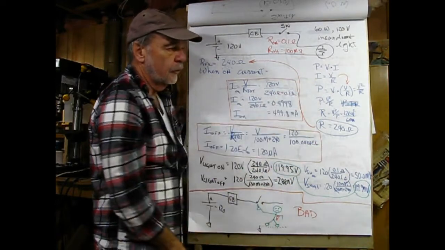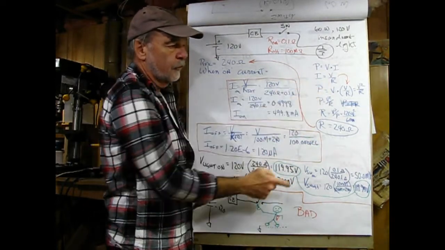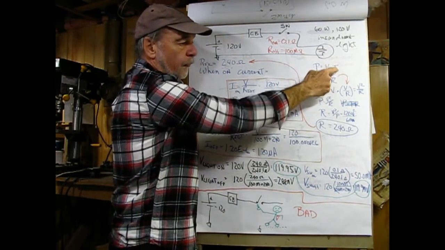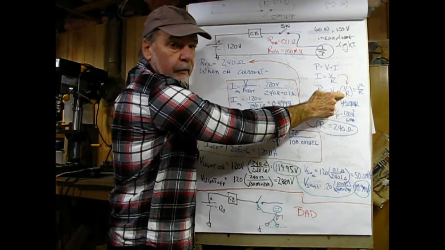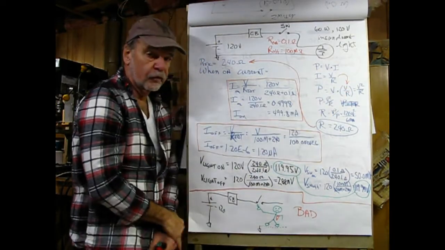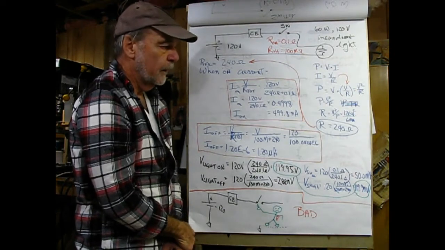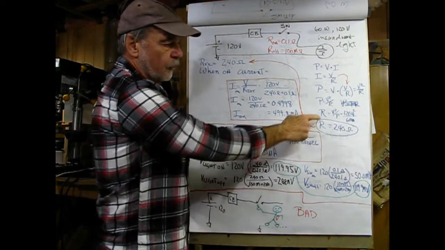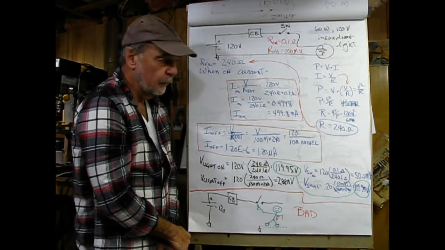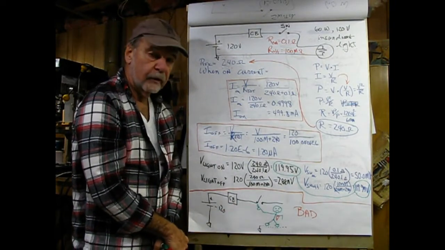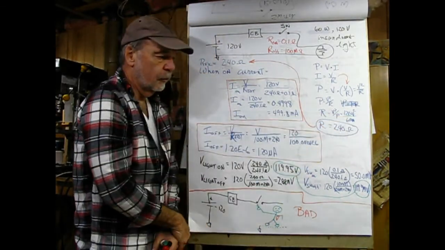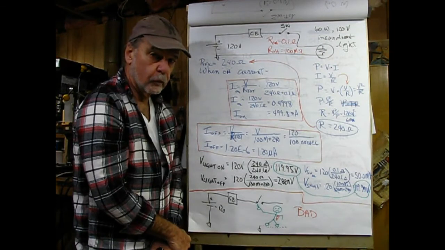We know that the current is equal to the voltage divided by the resistance, and now if we substitute in V divided by R for I right here, we see that the power would be equal to the voltage squared divided by the resistance. So if we now solve for the resistance, we see it's the voltage squared divided by the power, 120 volts squared divided by 60 watts, and that gives us a filament resistance of 240 ohms.